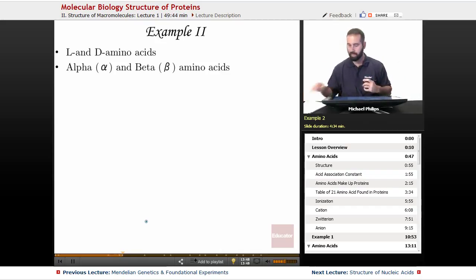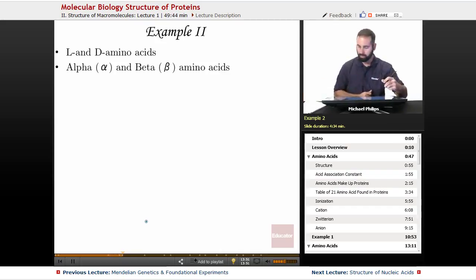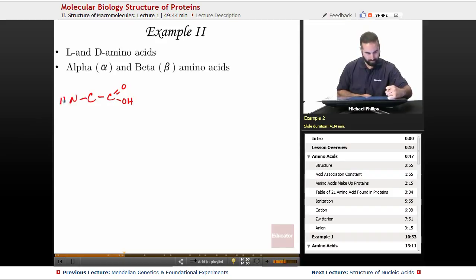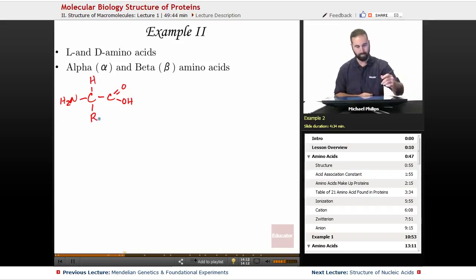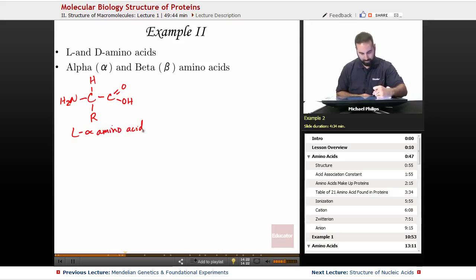So here's going to be an example of an L or a D amino acid. And really all it is is what side the amino group is on. Okay, so this is an L. And it also happens to be an alpha. L-alpha amino acid.